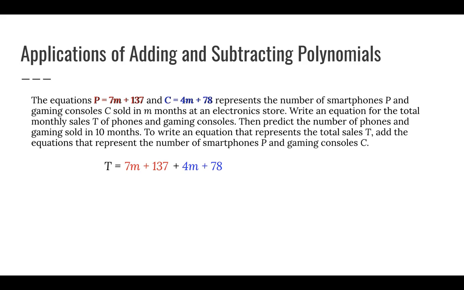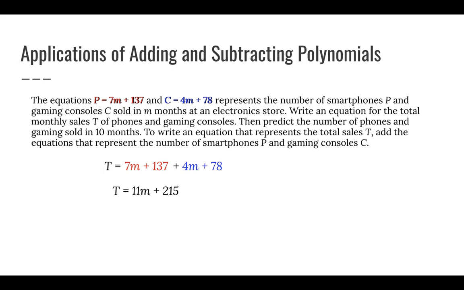Now, our goal from here is to combine our like terms. So I have m's in red. I have m's that are in blue. If I take 7m plus 4 more m's, I will have 11m. If I take 137 plus 78, that gives me 215. So this is the equation that represents the total sales.